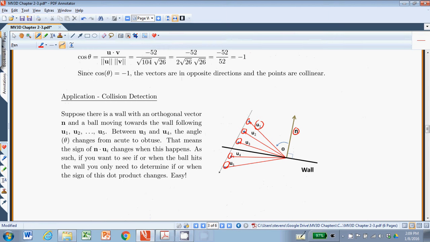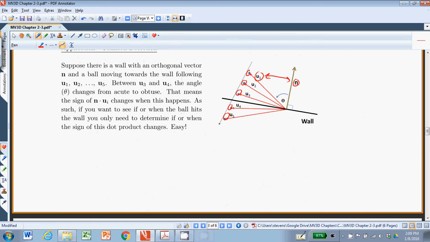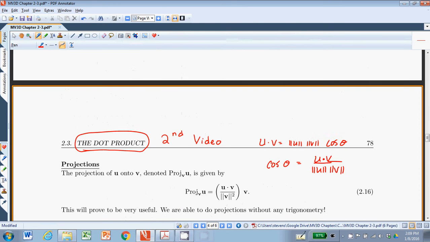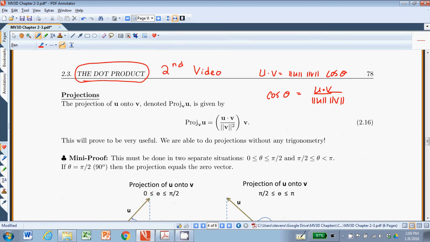All you had to do was take the dot product of these two vectors, and as soon as it changes sign, the ball, the terminal point, crossed the wall. Very handy stuff.